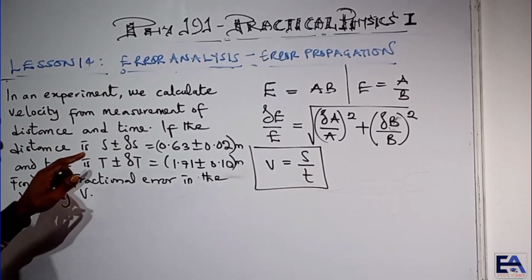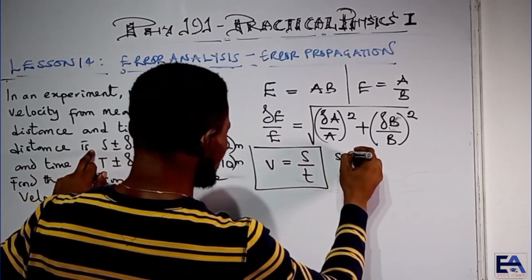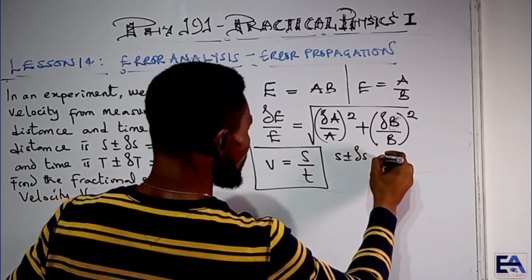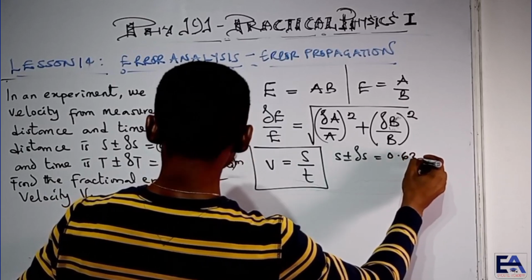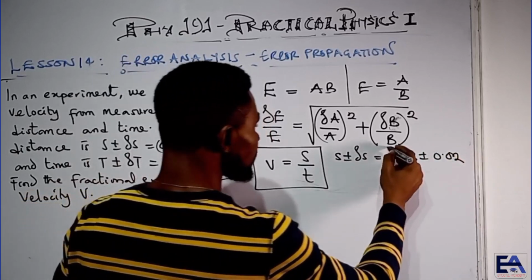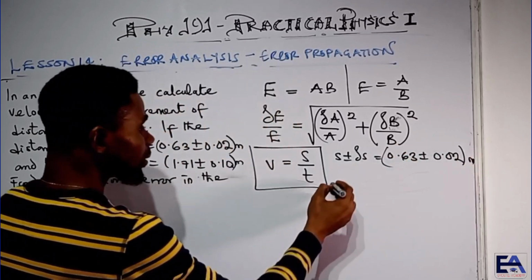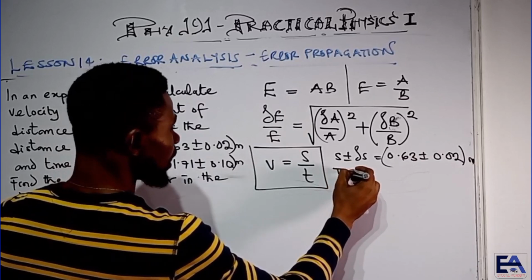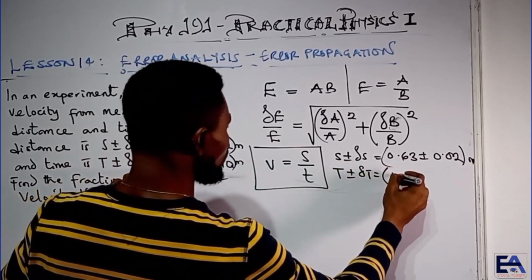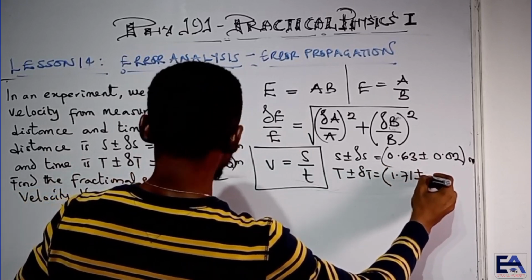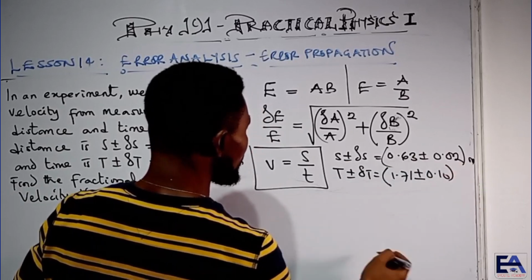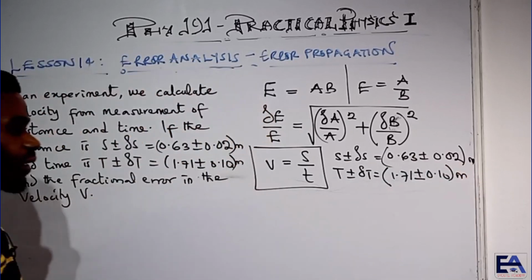As you can see in the question, they've given us the displacement and its error as 0.63 plus or minus 0.02 meters, and the time and its error as 1.71 plus or minus 0.10, also in meters.